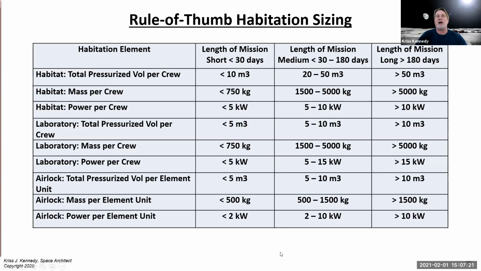If you're trying to figure out how much power, depending on whether you're short, medium, or long duration, it gives you a rough idea of how much power might be needed per crew member. So this puts you in the ballpark if you have a separate laboratory, or if you're combining habitat and laboratory, and then an airlock element as well. So this gives you the basics to get you in the ballpark for rough order of magnitude sizing.